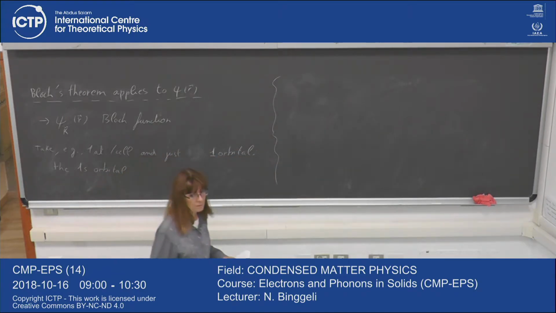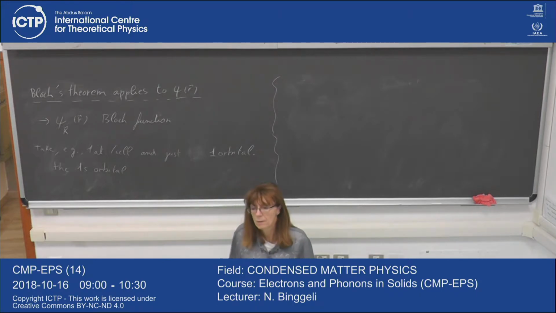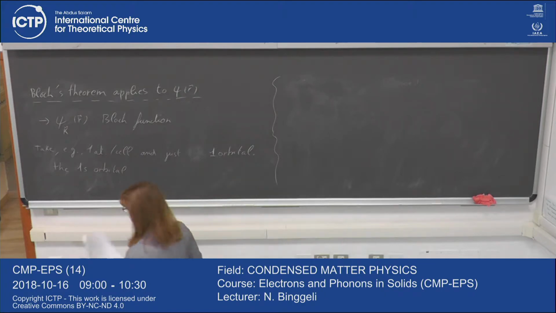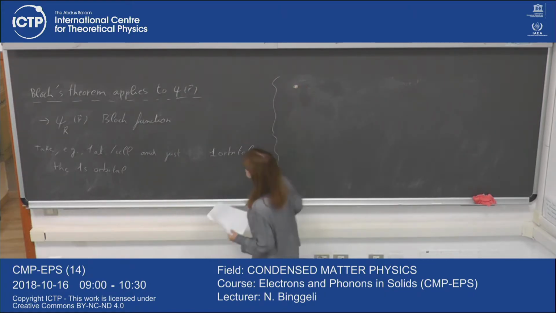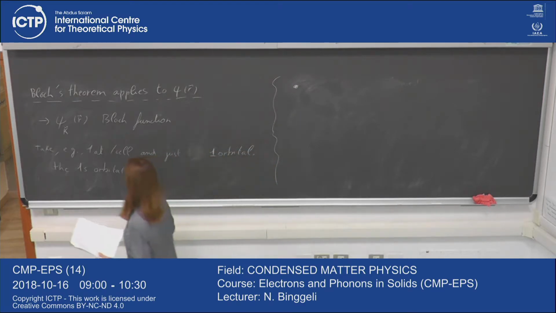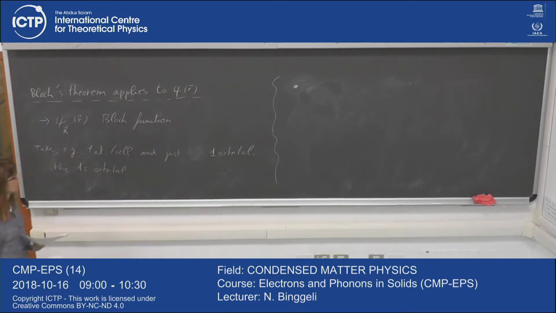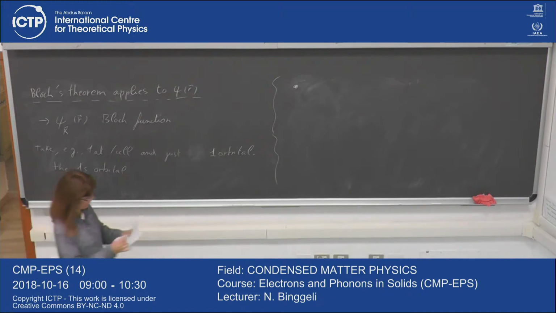This is the Bloch state with k equal to 0 because it's periodic, since I summed over all the atoms in the crystal. So constructing a Bloch state in terms of the 1s orbital for k equal to 0 is easy.